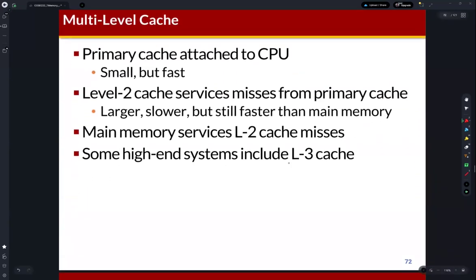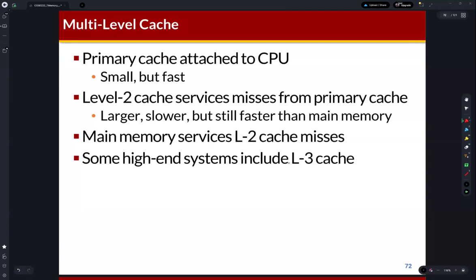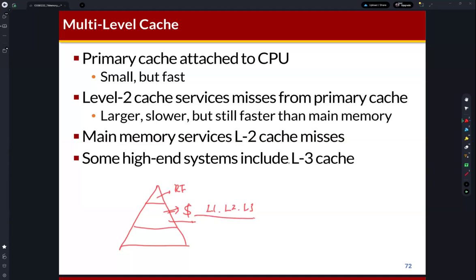Let's also see the performance impact of the multi-level cache. If you look at the memory hierarchy, it looks like this. This is the register file, and this is the cache. But in the cache, you can find level 1, level 2, and level 3 caches. So what does that mean? It is the way commodity CPUs use multi-level cache.